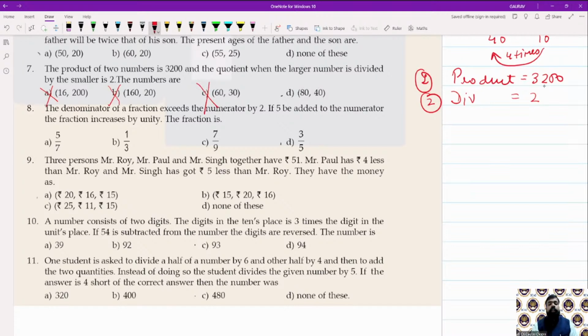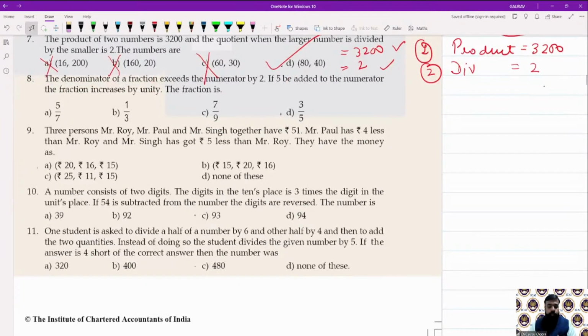So C will be rejected. 80 and 40, the product is 3200 and their division is 2. So both the conditions are satisfied. So option number D is correct. So seventh, option number D is correct.